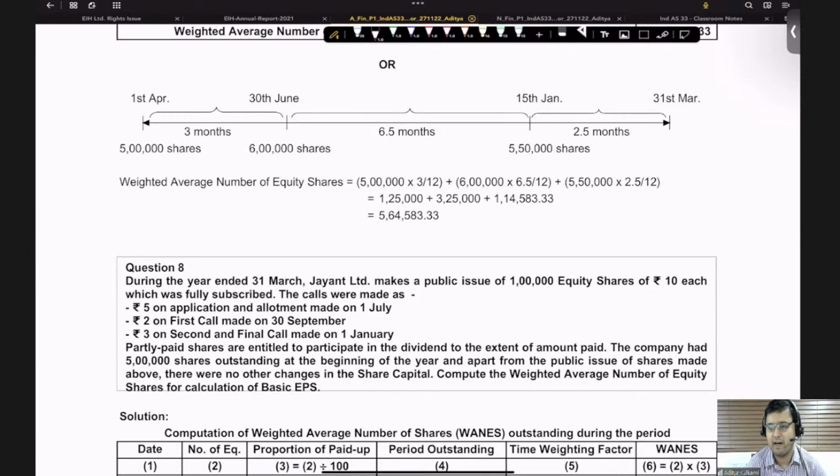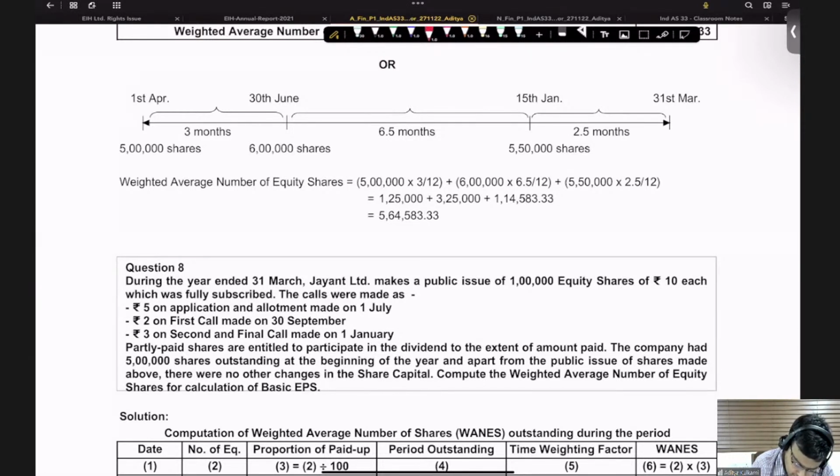So we have 5.5 lakh shares for the remaining 2.5 months. So 5 lakhs into 3 by 12 plus 6 lakhs into 6.5 by 12 plus 5.5 lakhs into 2.5 by 12. So that gives you 5,64,583.33. Soham, that second method is more than practical.